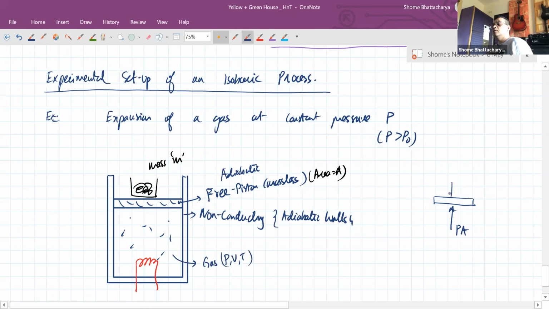Okay, and P naught into A because of atmospheric pressure, and of course the weight of whatever is placed on it, mg. So if the piston is in equilibrium, the pressure of the gas has to be equal to P naught plus mg by A, because forces have to balance.